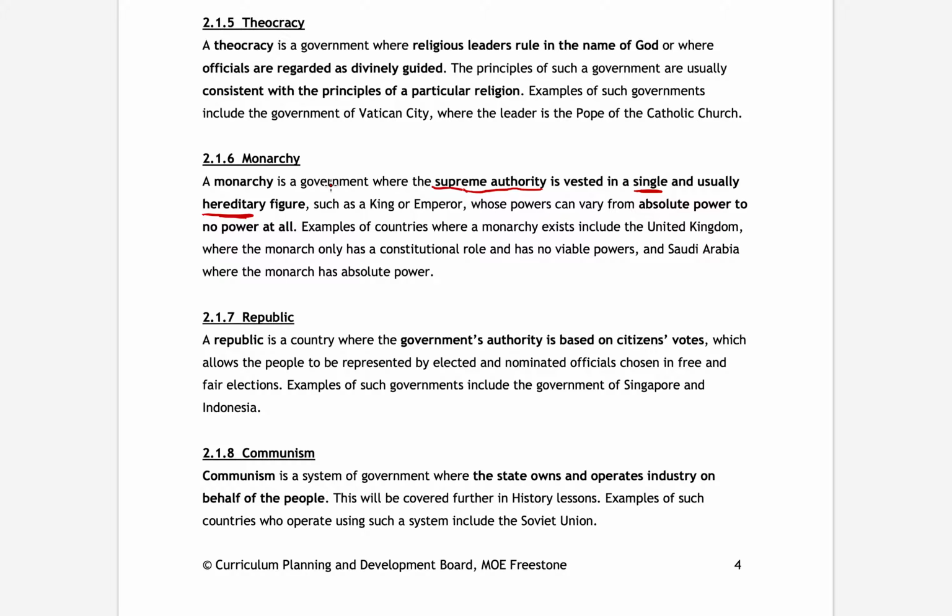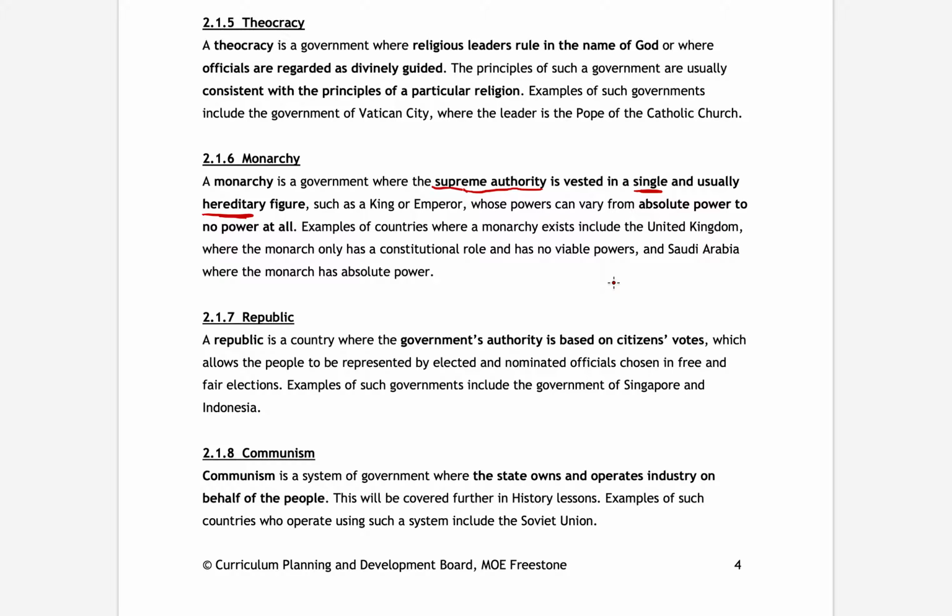Usually these people are hereditary, so if this person's father was the king, then more likely than not his son or his daughter will become the next king or queen after the passing of the father. Interestingly enough, the monarchy in the past, given the title of king or emperor, the power used to be absolute.